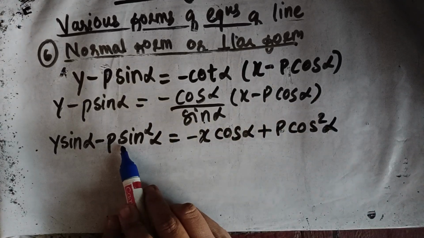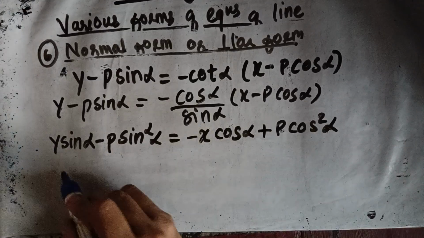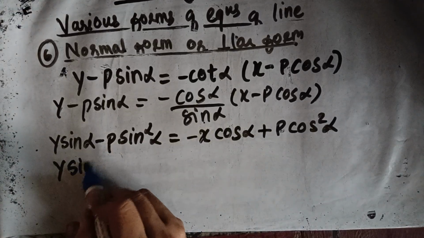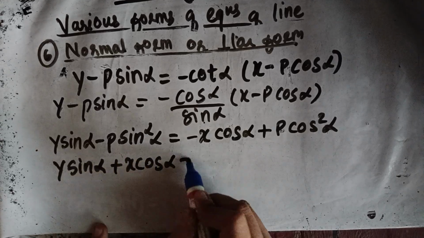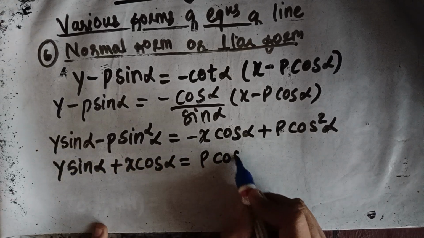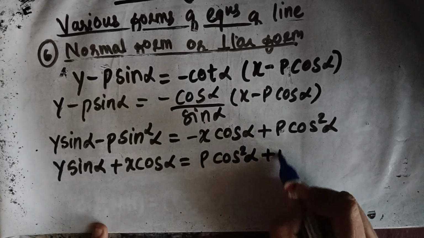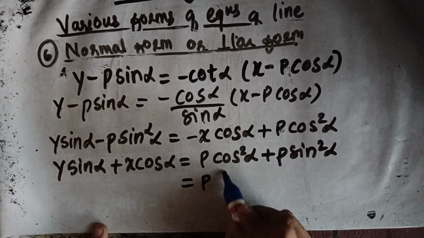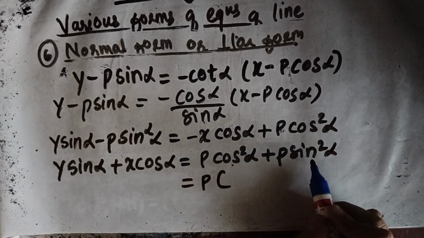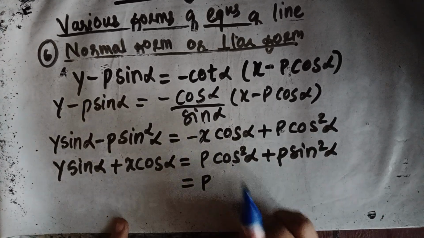Okay. So when you take this thing here, you'll get y sin alpha plus x cos alpha equals p cos square alpha plus p sin square alpha. And we know that if you take p common, this will be cos square alpha plus sin square alpha, that is 1.